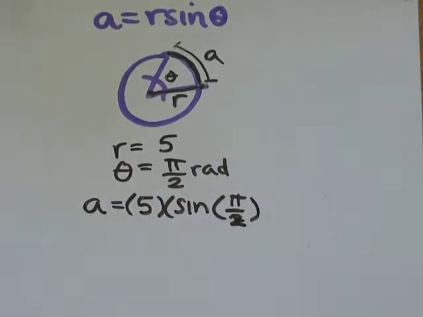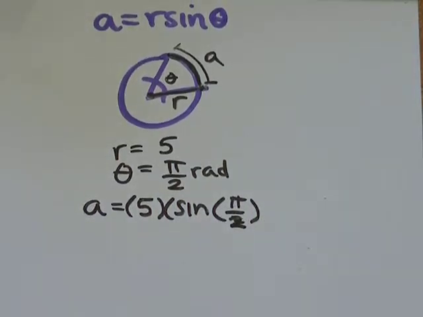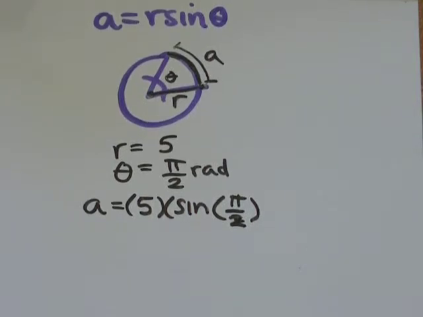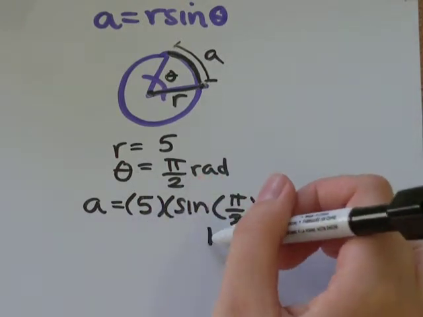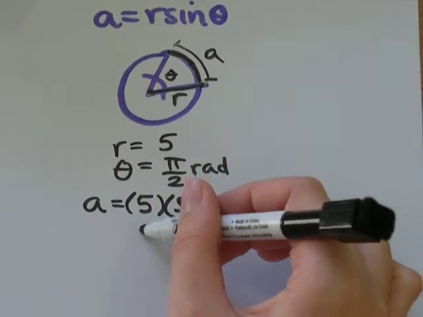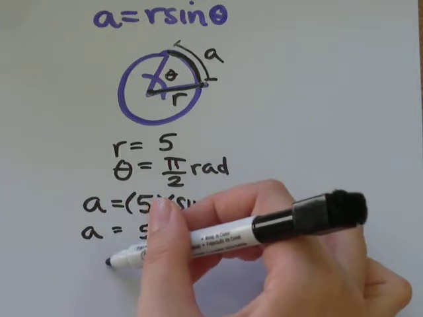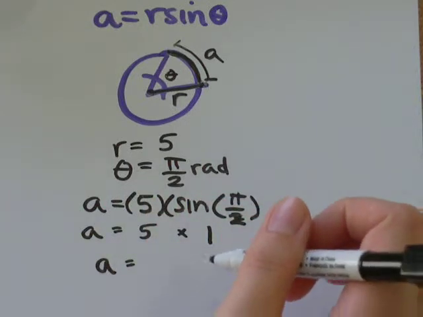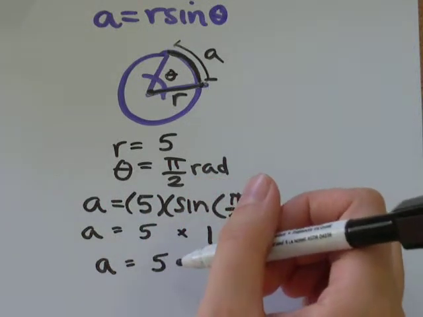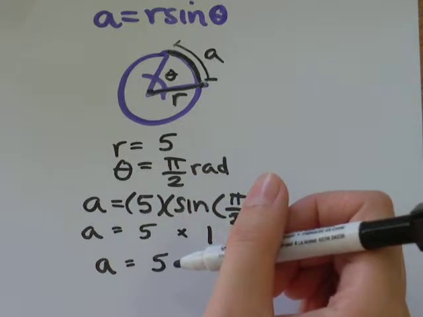Make sure that your calculator is in radians mode, or else this won't get you the right answer. So on my calculator, I'm going sine of pi divided by 2, and I get that equals 1 times 5. So the length of that arc would just be 5 and whatever your units are, like centimeters or something like that.